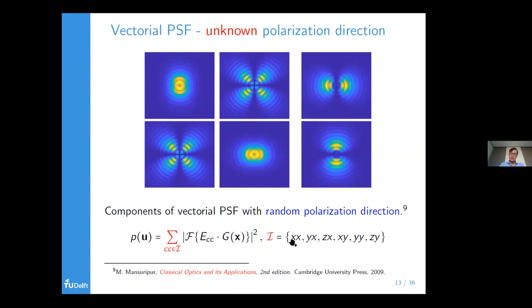In this figure, the first 3 are for polarization direction x, and the last 3 are for the 3 components of the point spread function for the polarization direction y. So in the SQL, we use this set notation for the set of 6 components of a vector point spread function.